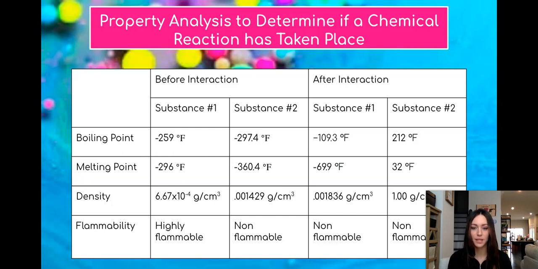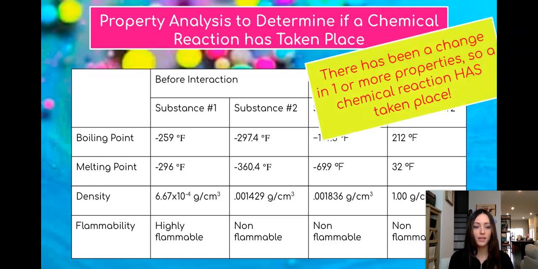I can see that their boiling points have changed, their melting points have changed, their densities have changed, and in one example, the flammability has changed. This tells me definitively that a change in one or more properties has taken place. This means that these substances after the interaction are no longer the same substance. That means that a chemical reaction has occurred.